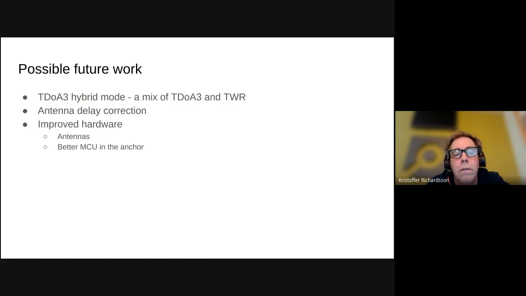That means that the measured distance is changing a bit, and it can change quite a lot. It's in the order of maybe 30, 40, 50 centimeters, worst case. And this obviously creates errors in the estimated position.